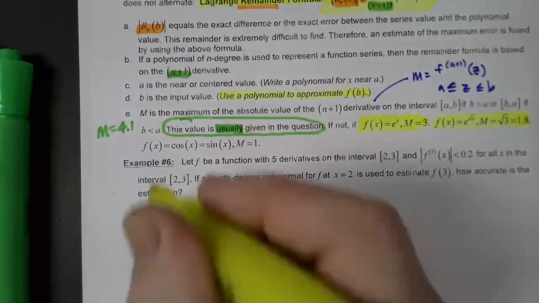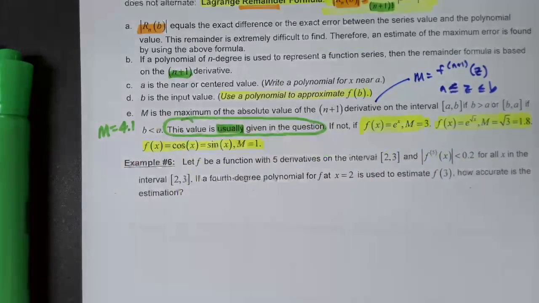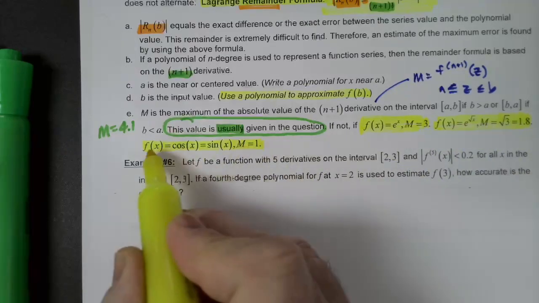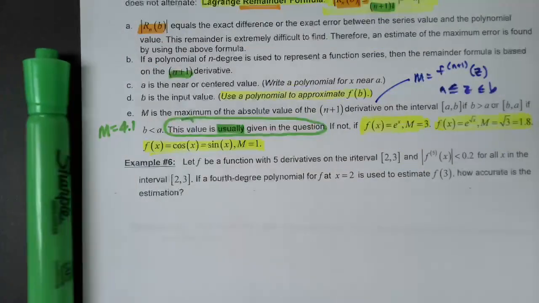If we have a sine or a cosine, sine and cosine, maximum values are 1, so our m will be 1. Okay? So again, these are 3 that are accepted to use as an estimate if we're using those functions. Every other function, we're going to have to use that derivative. Okay? So let's take a look at this.